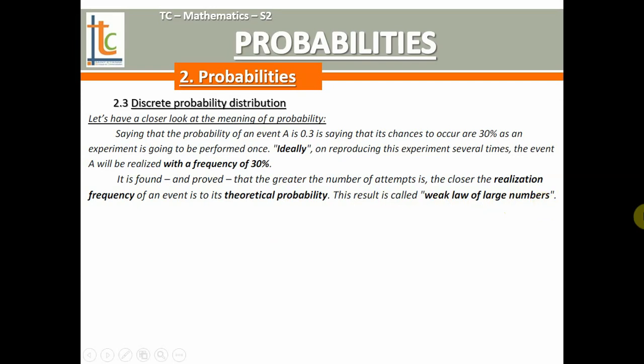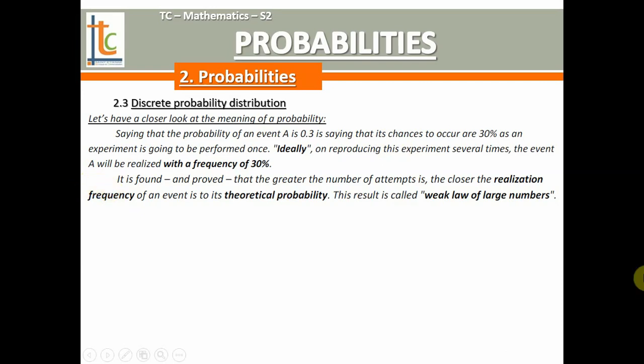Of course, there are possible variations around this theoretical frequency of 30%. Maybe the next attempt will make the realization frequency a little further from this 30%. But next time, or the next after, you will see the realization frequency get closer to 30%, and so on.